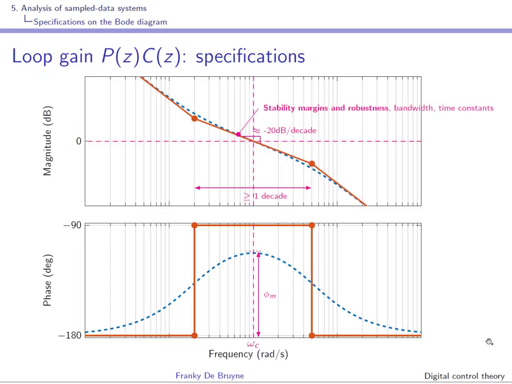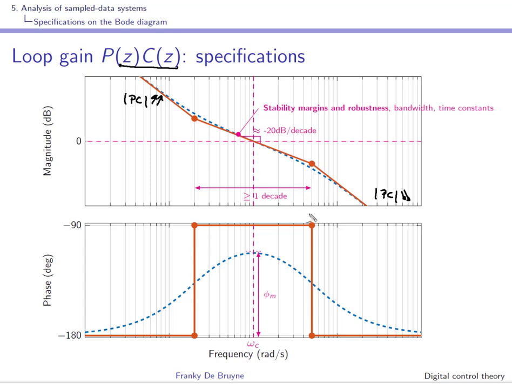Well, we can now look at the specifications on the Bode diagram of the loop gain. Remember that in the low frequencies the loop gain must have a high gain, and at the high frequencies the loop gain must be small. So this loop gain must be small above the bandwidth frequency.